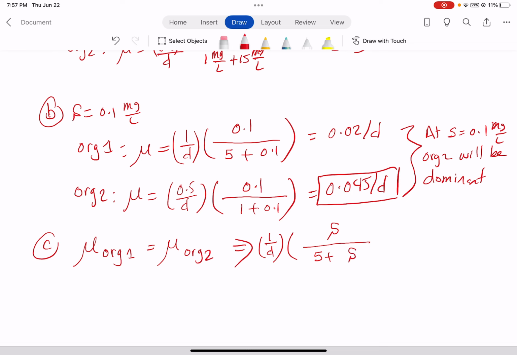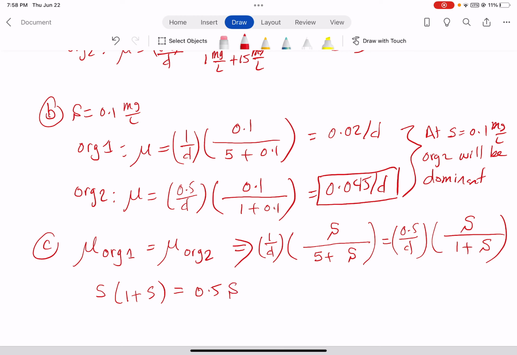Plus S equal 0.5 per day S plus the Ks for the second organism, 1 plus S. So now you cancel out S, so 5 plus S, so S times 1 plus S equals 0.5 S times 5 plus S.